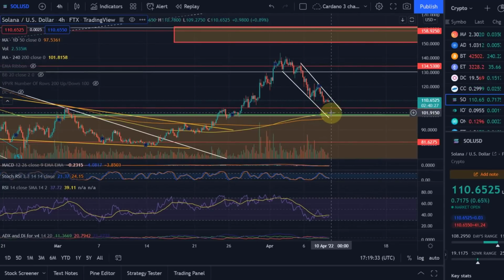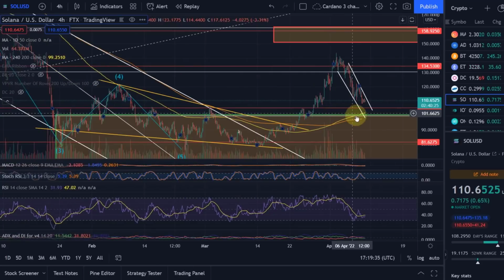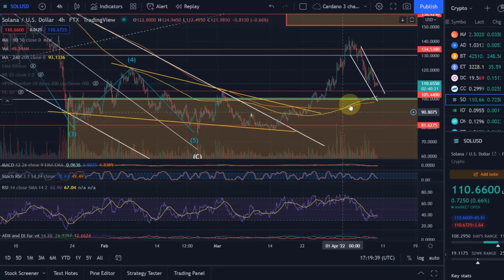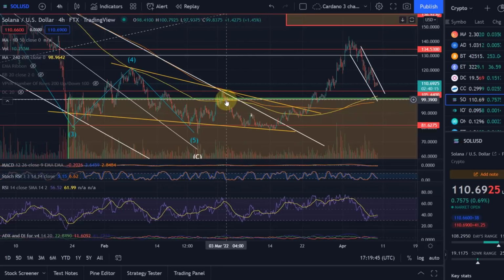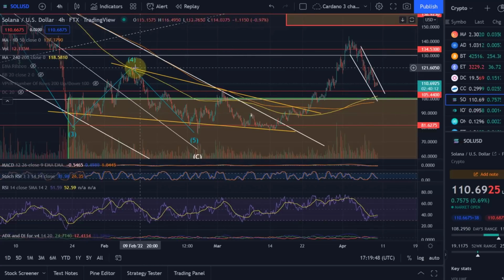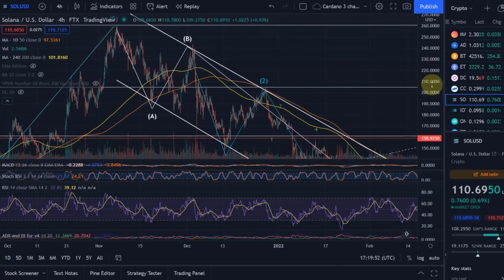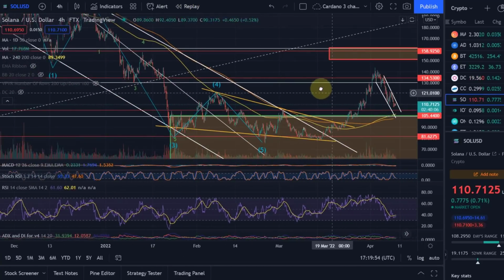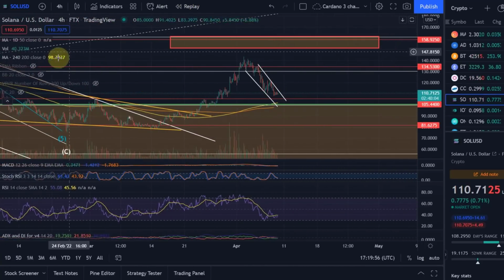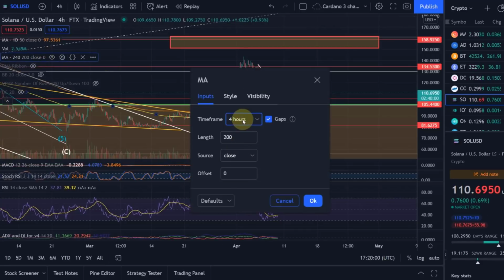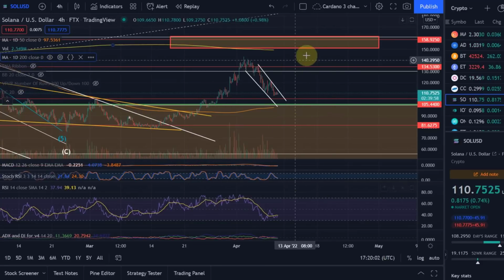We're also very close to the 200 period moving average on the 4-hour chart, and this is quite a relevant one because it gave support here. It has been resistance here, and historically it has also been relevant. So we are coming to a cluster of different support levels. Let me put that back to the daily chart.